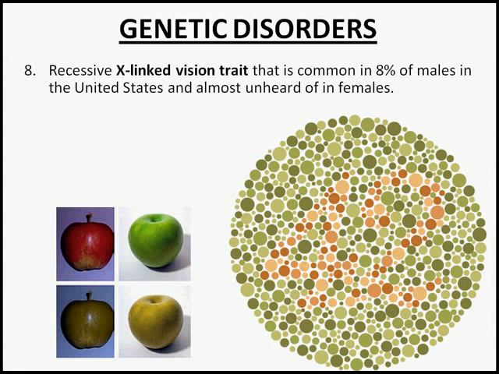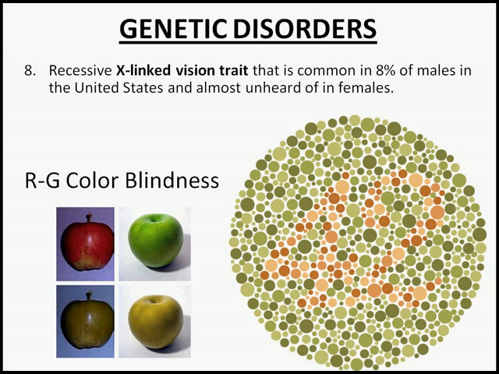Genetic disorder number 8 is another X-linked recessive vision trait. You're all looking at the picture, probably already guessing what this one is. It's common in 8% of males and almost unheard of in females. Because it's X-linked, we'll see this in some Punnett squares that we'll do. This is red-green color blindness.